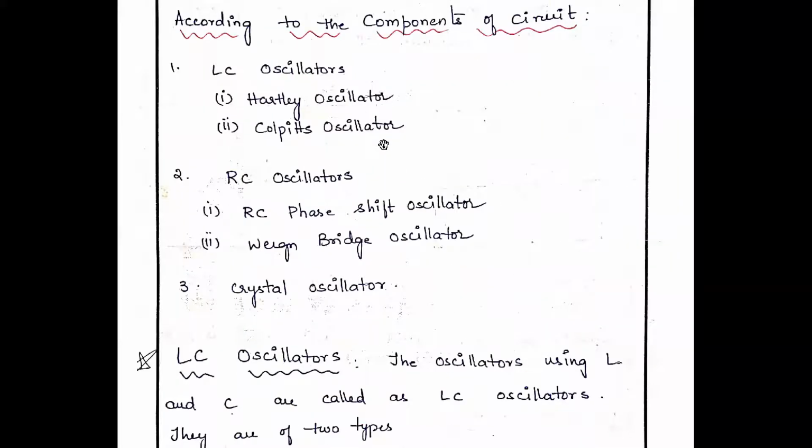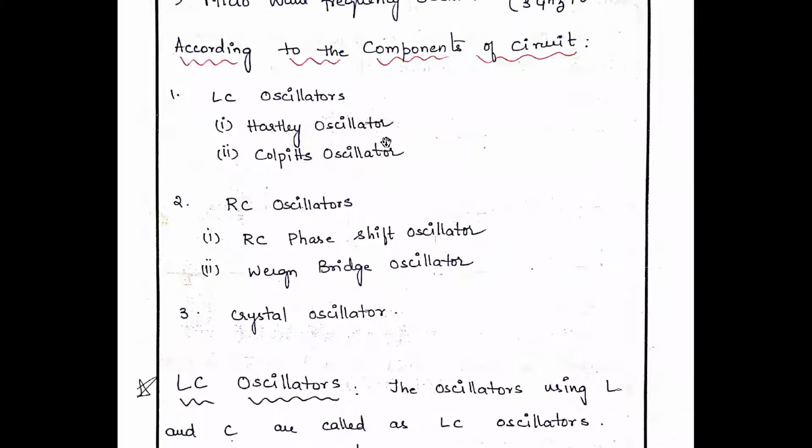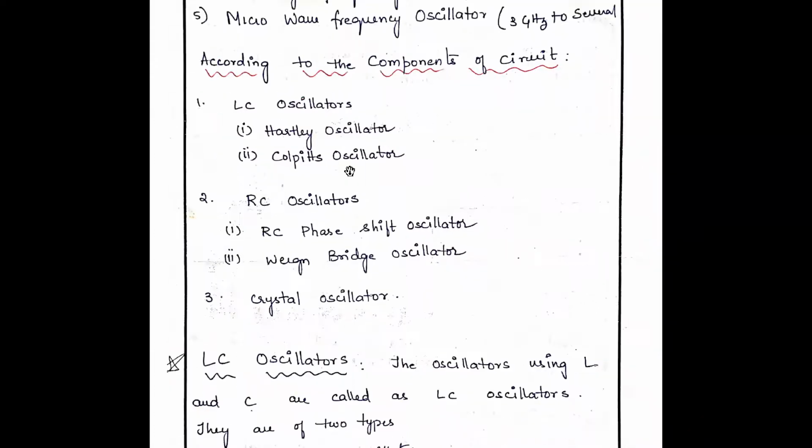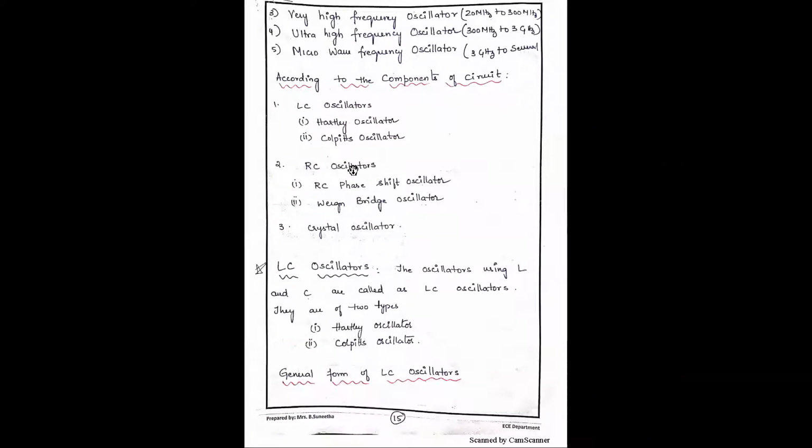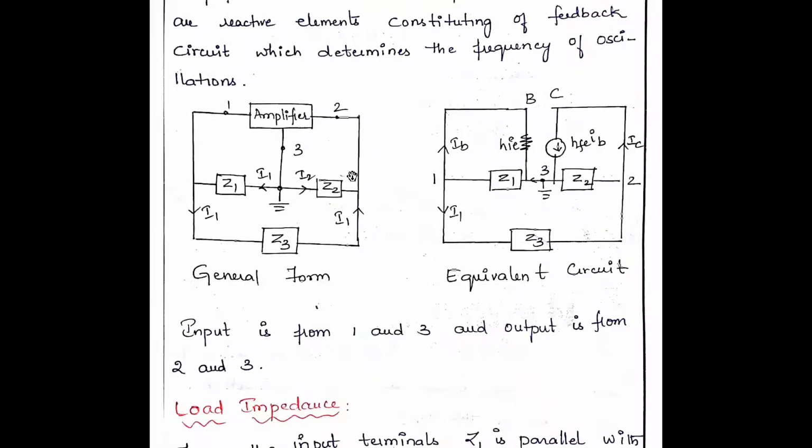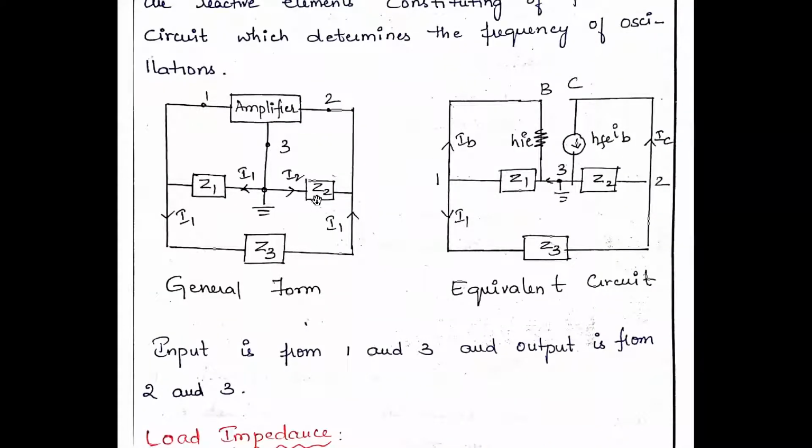So in the previous class, we started discussing LC oscillators. We have seen that there are two categories under LC oscillator: Hartley oscillator and Colpitts oscillator. The important point is the general structure of both these oscillators is the same.